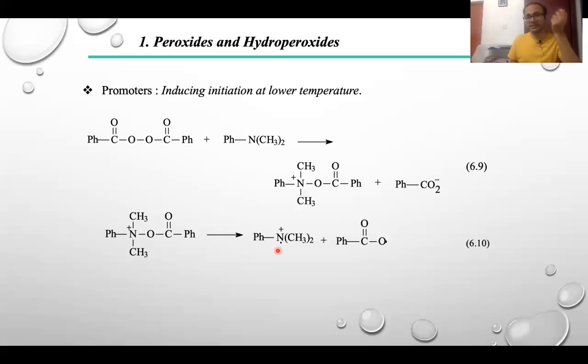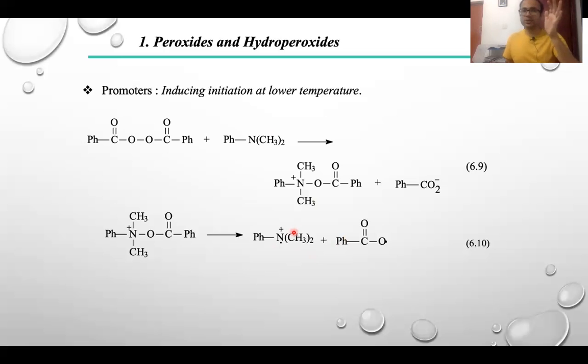So often it is said that if you use such promoters, it can have both free radical polymerization and also ionic polymerization happening. But we are not very sure about the exact mechanism, but it is being said that both are possible, like the free radical mechanism is also possible and the ionic mechanism is also possible.